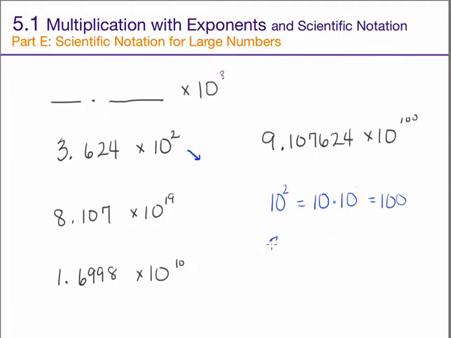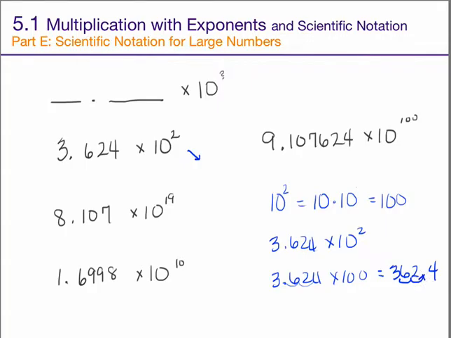So writing 3.624 times 10 to the 2 means 3.624 times 100. Whether you do this on paper or on your calculator, you'll find that the answer to this small arithmetic problem is 362.4. What's happened is that the decimal place has been moved from here, its original location, over 2 places.